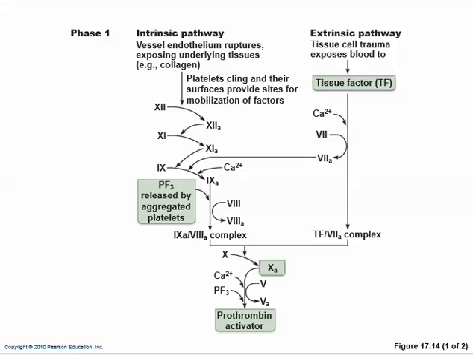And so what happens is it gets triggered by the collagen at the injury site. The platelets then activate, and they release other things, and it goes down through all of these steps, step 12, 12A, 11, 11A, 9, 9A, 8, 8A, 9 and 8A together make 10, which, blah, blah, blah.